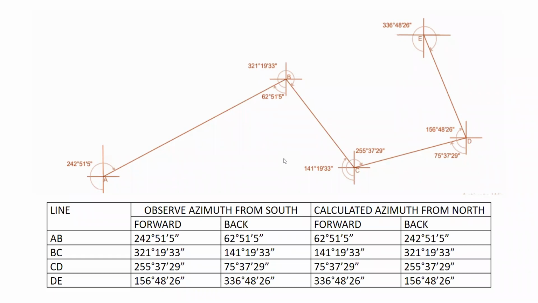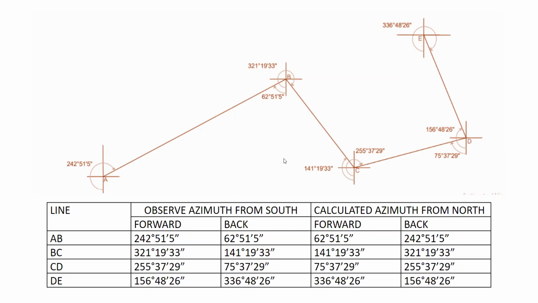Yes, as you can see here, from the south natin, kung yung forward natin is 242, pag measure tayo from north, magiging back azimuth na yon. Kung nag-measure tayo sa south ng back azimuth, kung mag-measure tayo sa north, magiging forward azimuth na yon. Okay? So, yun lang yung pinagkaiba niyan.